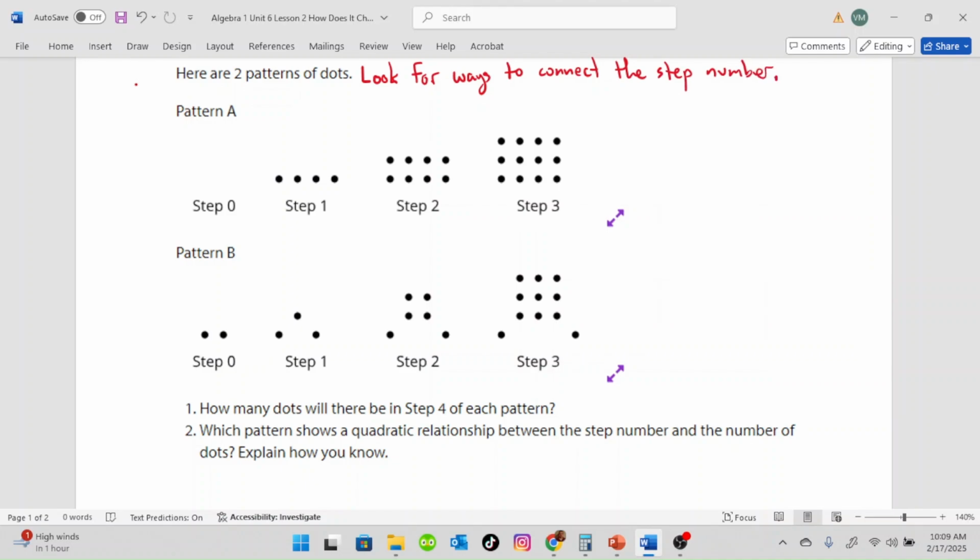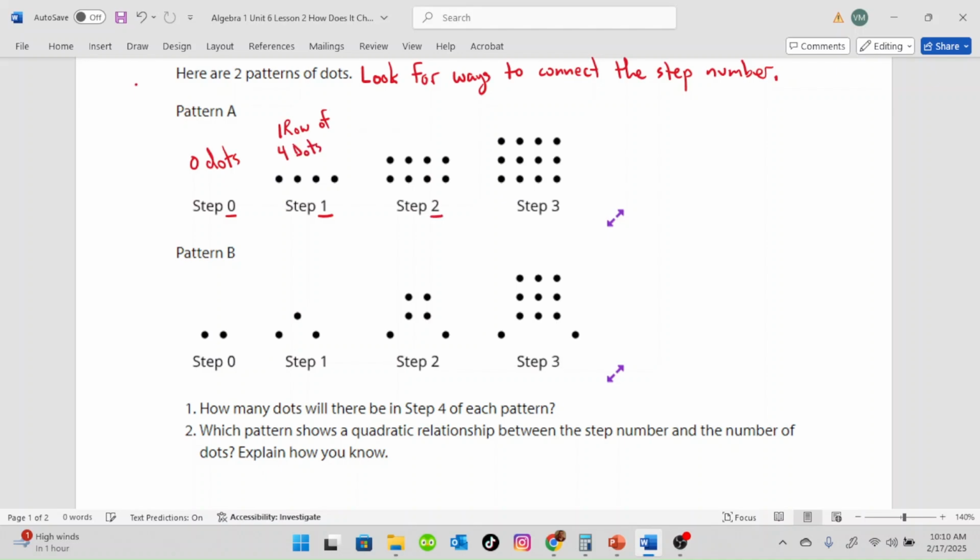And what I notice on pattern A is on step 0, I have 0 dots. In step 1, I have 1 row of 4 dots.